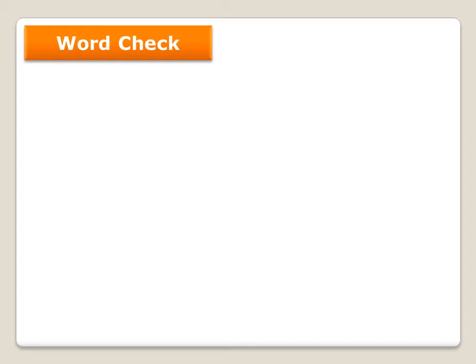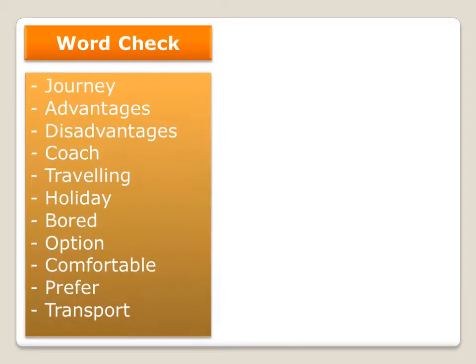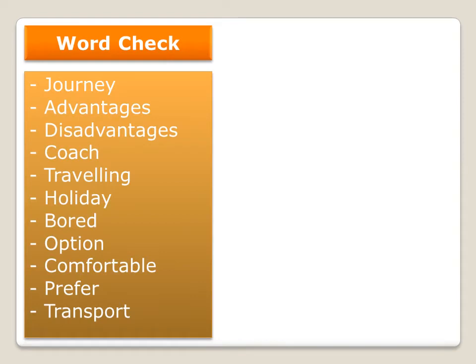So, our first task is on word check. But first, let's read all the words together and repeat after me. Are you ready? Okay.